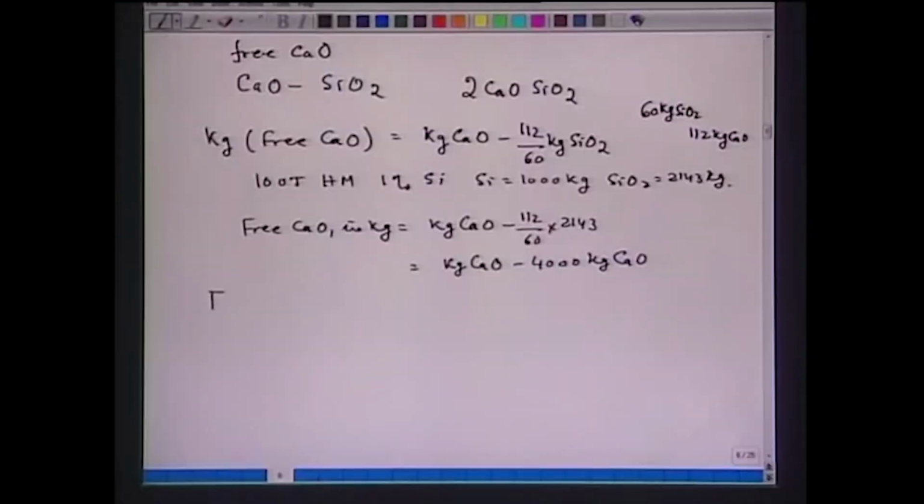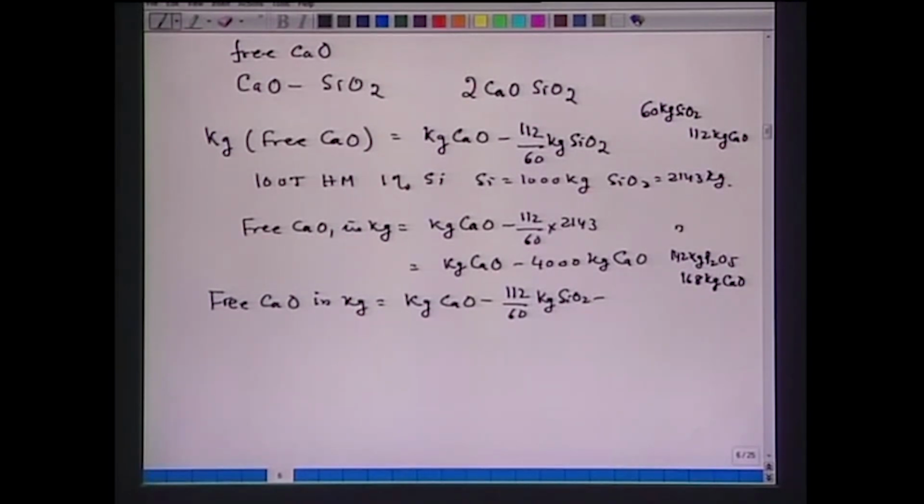Now, if you also consider phosphorus in our discussion, then free CaO, again in kg, will be equal to kg CaO added minus 112 upon 60 into kg SiO2, minus, now we have 142 kg P2O5, it needs 168 kg of calcium oxide.